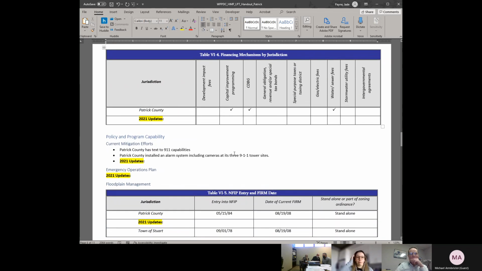Okay, so we have financing mechanisms for Patrick County. So the 2016 plan you listed is having capital improvement programming, water sewer fees, and Scott, what is the CDBG? Community development block grants from HUD. Okay, gotcha. So this table is asking you, are these sources of money available to you? So even if you didn't get a CDBG grant, you're eligible.